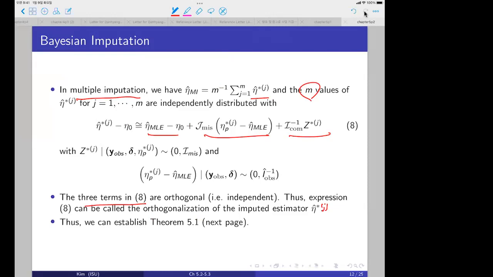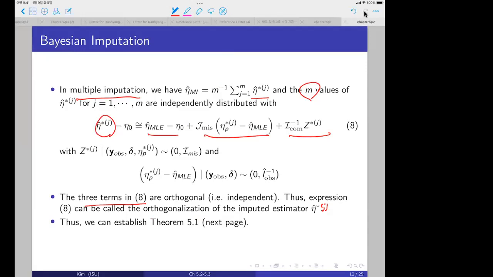Basically, you first think about how many sources of randomness there are. This is an estimator with several steps in it, and investigating its statistical property is not easy because you have so many sources of randomness going on. So the trick is to orthogonalize.